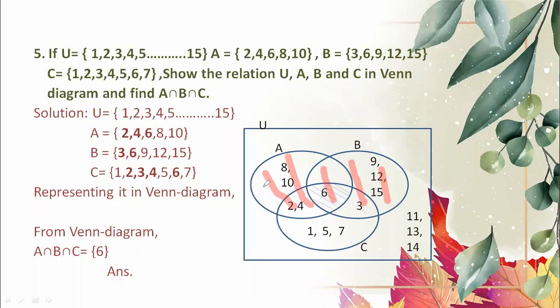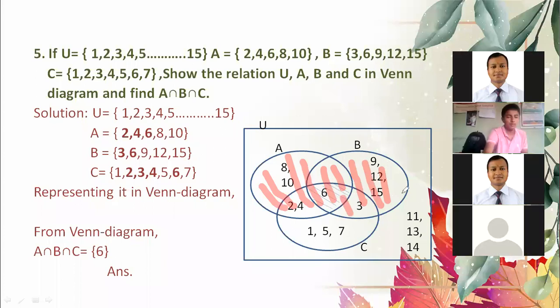You have to draw shadow inside these two, A and B. Is it clear? This represents A union B. And A union B union C means again we have to draw shadow inside C also.